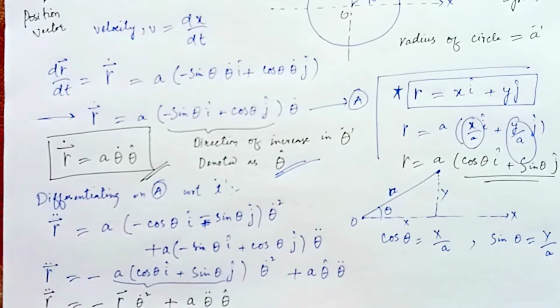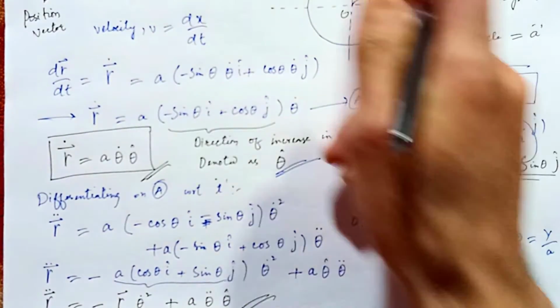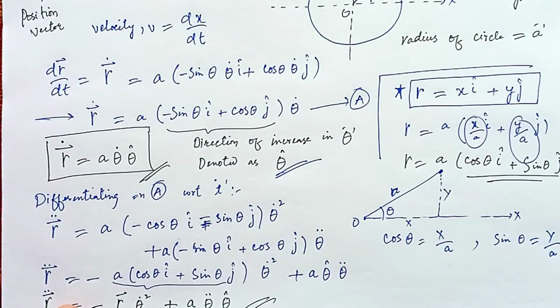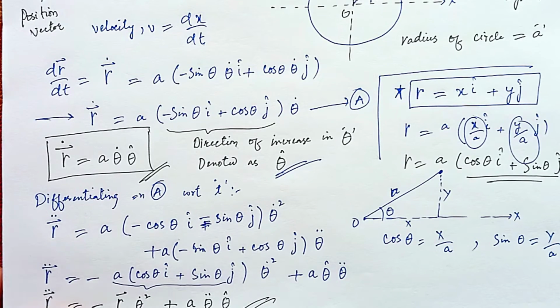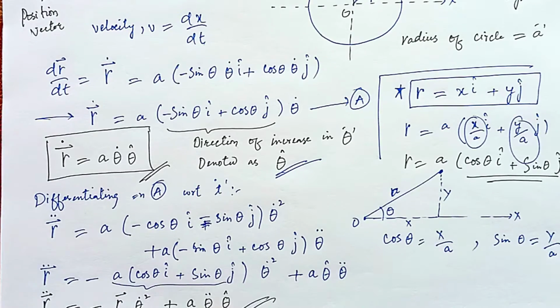This will give the acceleration along the circular path. Okay, double differentiation of this position vector will give the acceleration along the circular path.